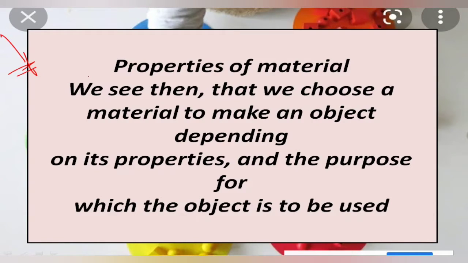So grandma forces you to wear that because of the properties of a sweater and the purpose for which the object is used. A sweater is used for a windy day or for cold. When you are having cold and cough, your mother forces you to wear a sweater, because of its property that it keeps you warm.